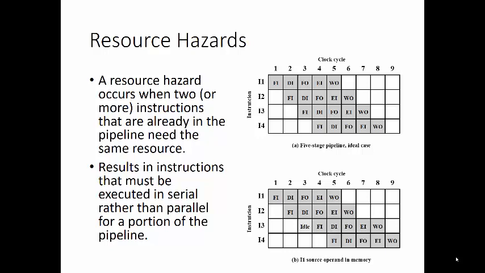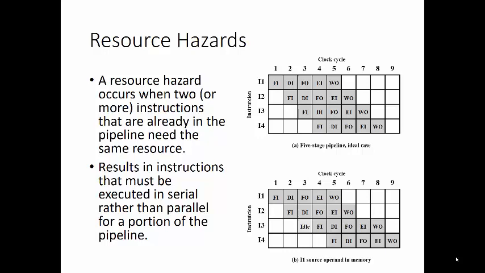So let's consider a simple example. Assume a simple 5-stage pipeline, in which each stage takes one cycle. The top shows the ideal case in which a new instruction enters the pipeline each clock cycle. Now, assume that main memory has a single port and all instruction fetches and data reads and writes must be performed one at a time. We can also ignore the cache in this case.